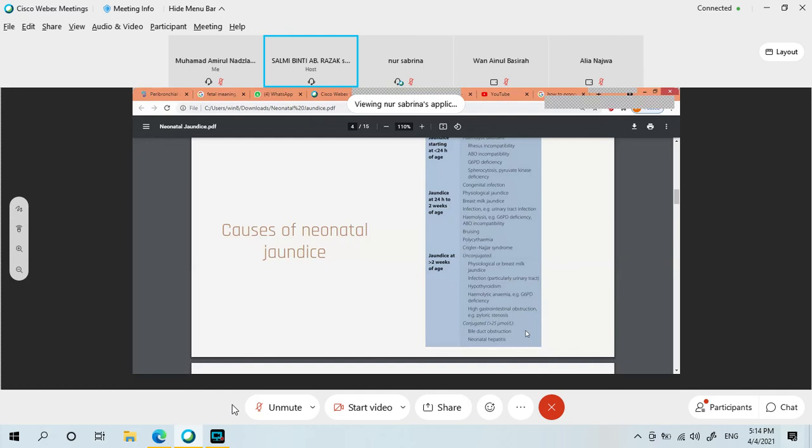Terbalik. Conjugated ni prolonged jaundice kan? Okay. Conjugated. So kalau conjugated, extrahepatic. So doesn't mean that it is biliary atresia or choledochal cyst, masih duduk lagi dalam neonatal hepatitis syndrome. So kalau neonatal hepatitis syndrome, dia tak ada specific treatment.